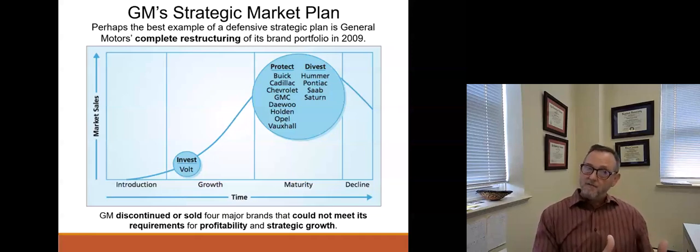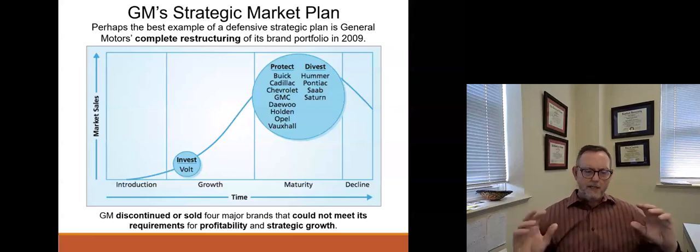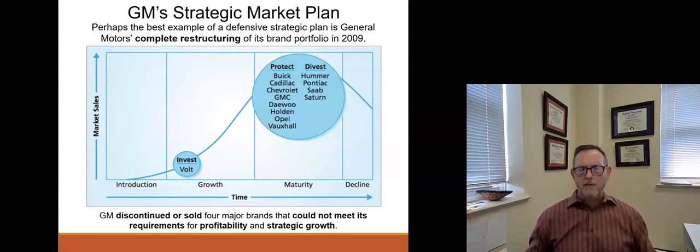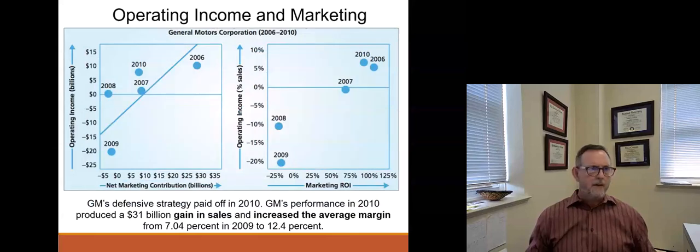While they want to protect some of their features, they want to divest a few that they feel are less profitable or have less future. This also allows them, when we talk about resources, to focus more on the holdings that they have rather than having their thoughts spread over too many brands and too many areas.